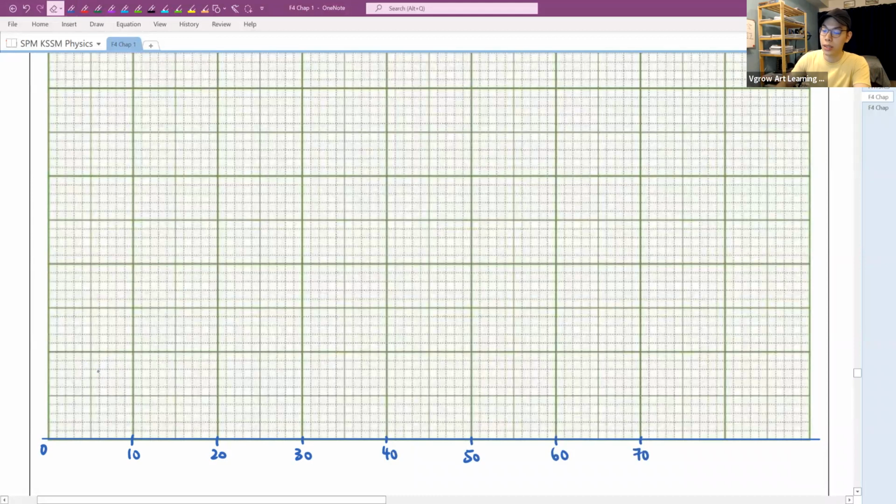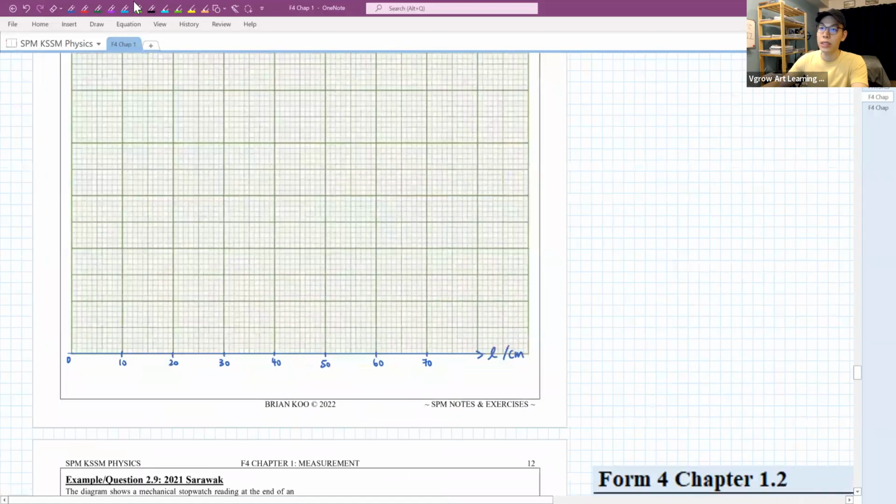Okay, this is what you need. And when you label this one, we usually don't write the length of pendulum like that. If got the symbol, we will always use the symbol. This is in cm.